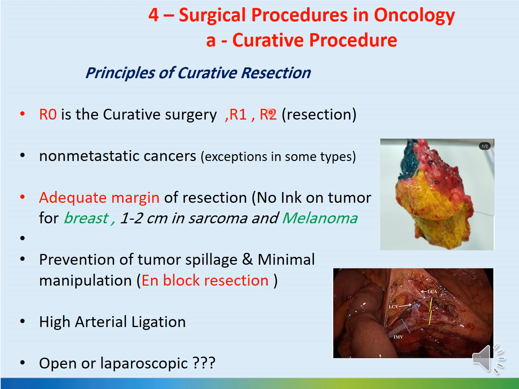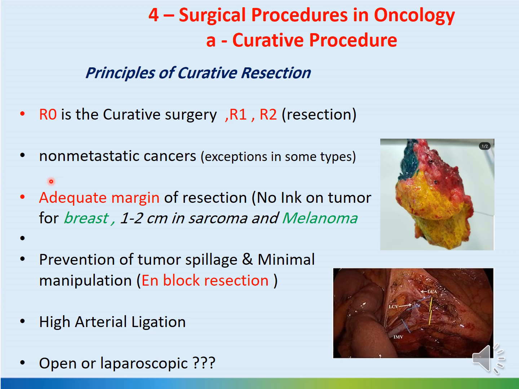When we do a curative procedure, actually, we have to do it for non-metastatic cancer in most cases. We have some exceptions, we'll explain later, where even with some metastasis we can get curative surgery when we remove the primary tumor along with the metastasis.